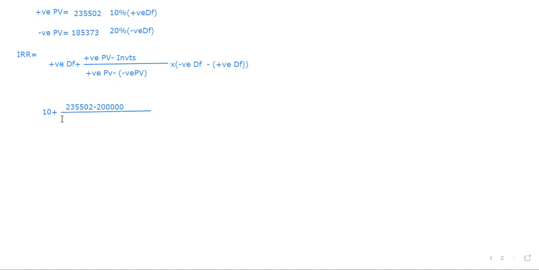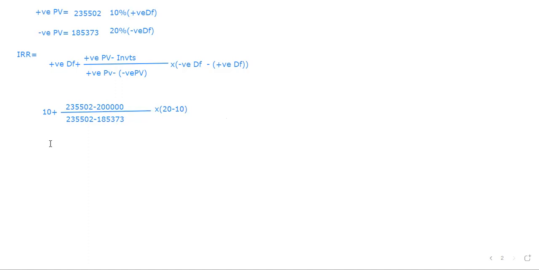Then divided by the same 2,35,502 minus 185,373, the negative one. And then multiplied with the bracket, negative discount factor 20 minus positive discounting factor 10. So we got this answer.